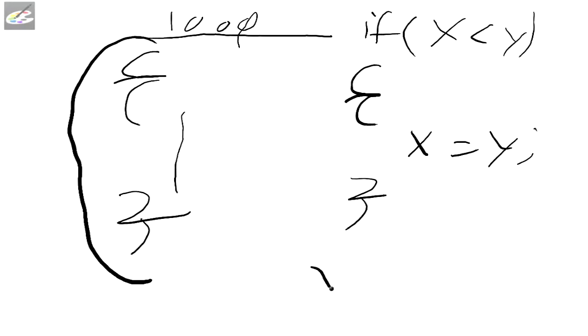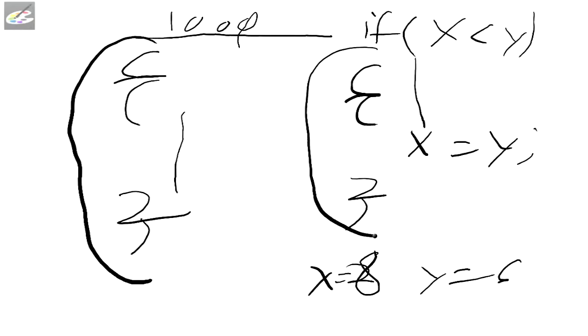So now if x is equal to, let's say, 2 and y is equal to 6, it will go inside the loop. It will go from here and just start initializing this. If x was equal to 8 and y was equal to 6, it would jump over the loop.